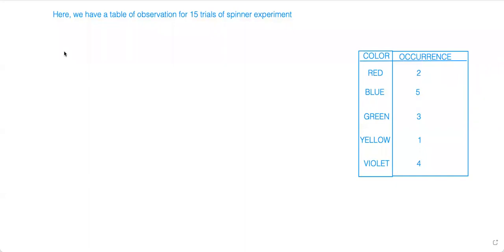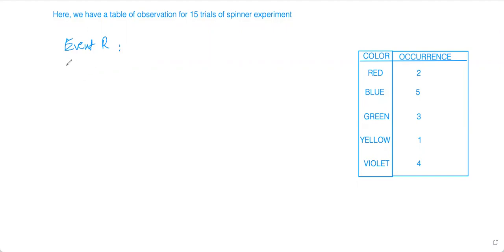So that will be the event. Event R is getting a red color on spinning.